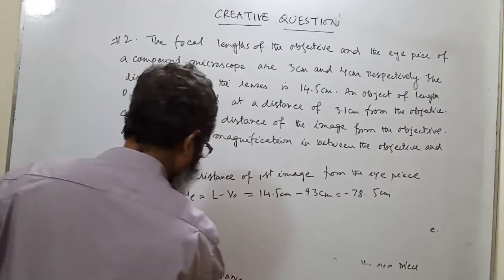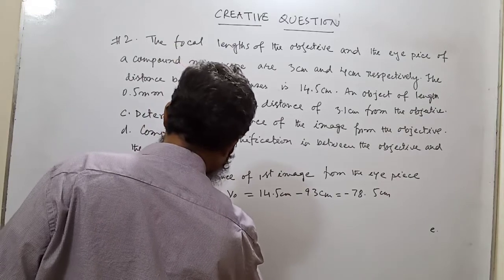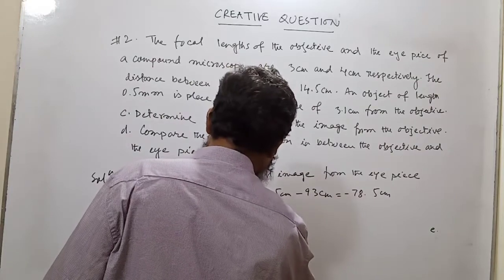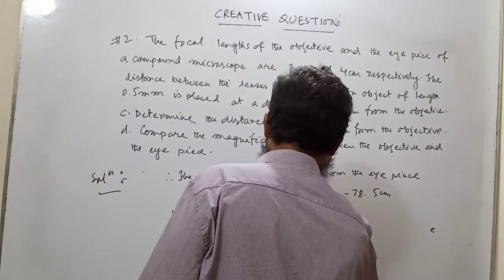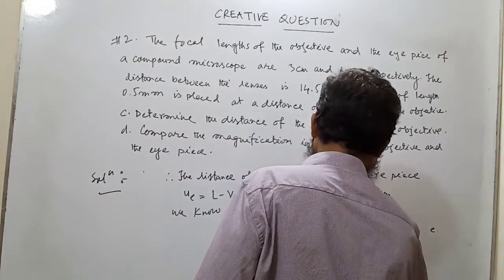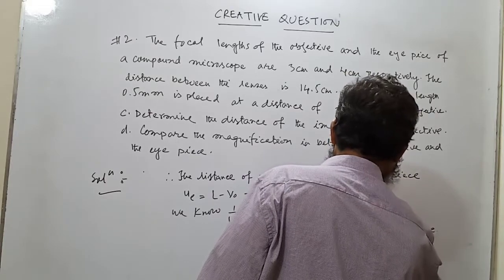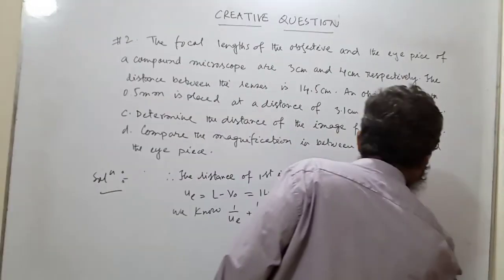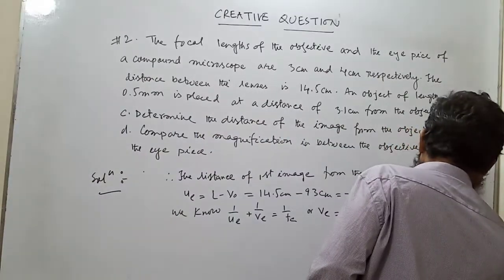We know for the eyepiece, 1 upon ue plus 1 upon ve is equal to 1 upon fe, or ve is equal to the inverse of (1 upon fe minus 1 upon ue), which is equal to 3.81 centimeter.